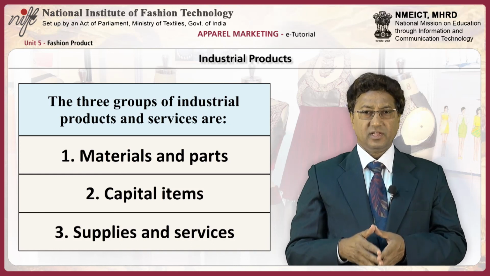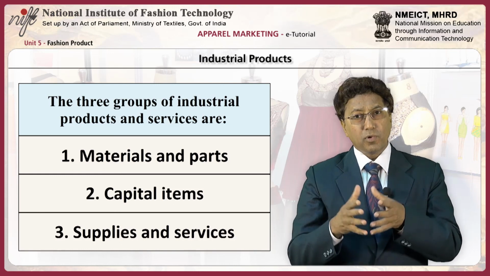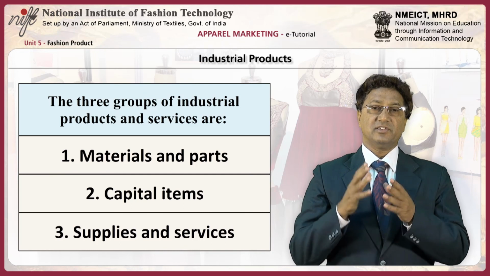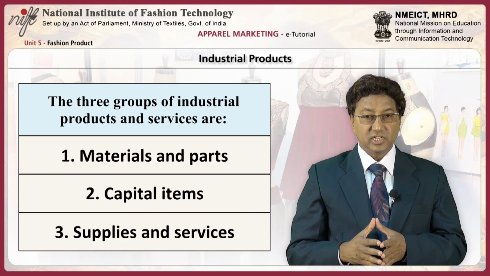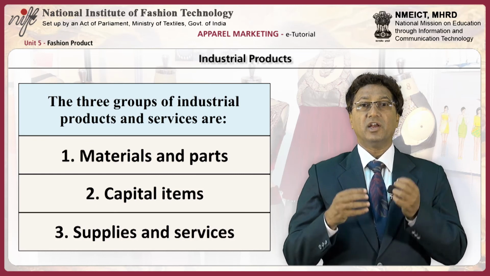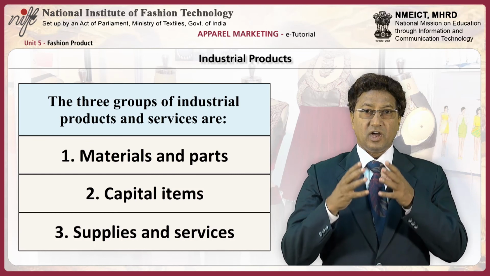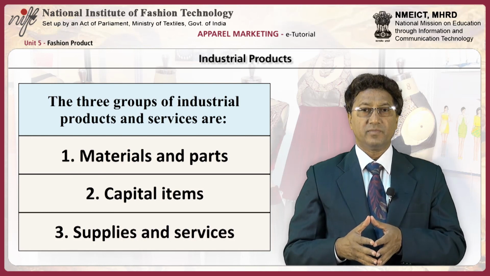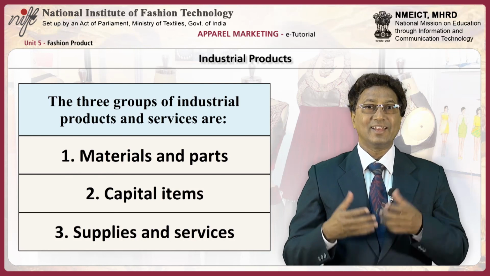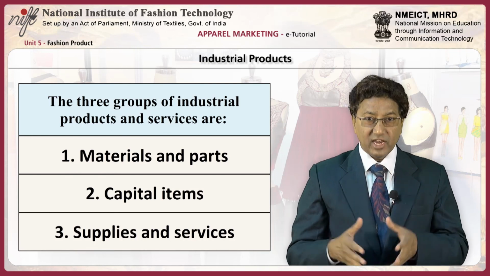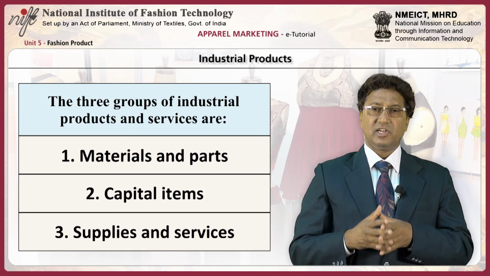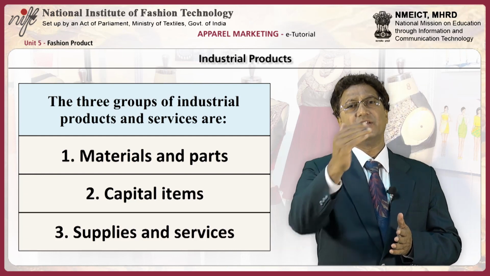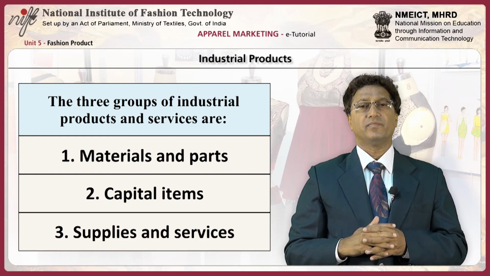Manufactured materials and parts consist of component materials such as iron, yarn, cement, wires and component parts such as small motors, tires and castings. Invariably, most manufactured materials and parts are sold directly to the industrial users.